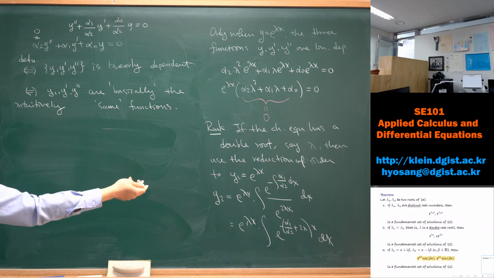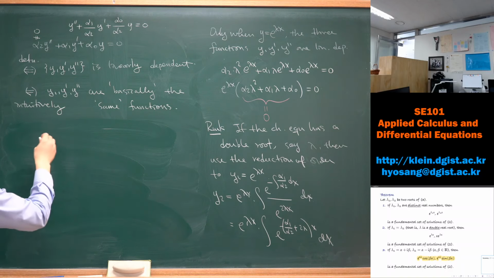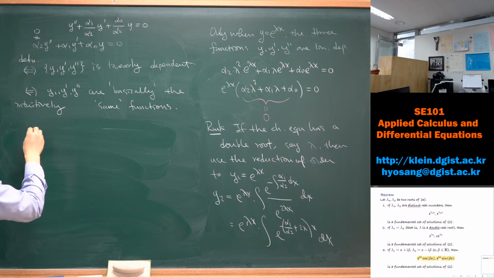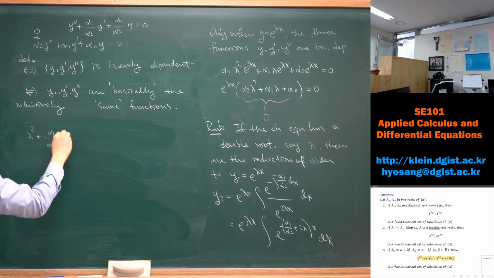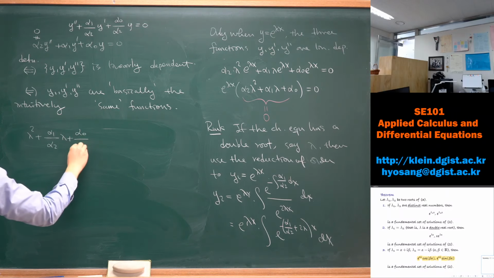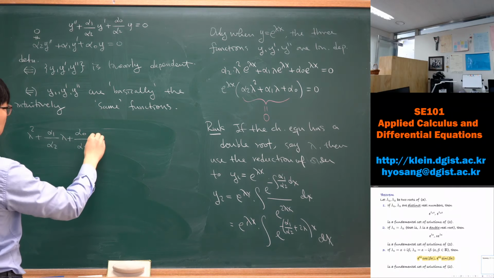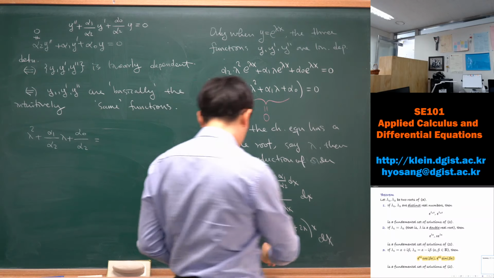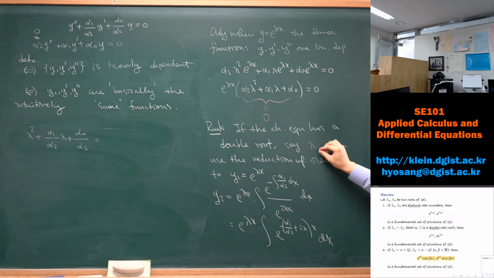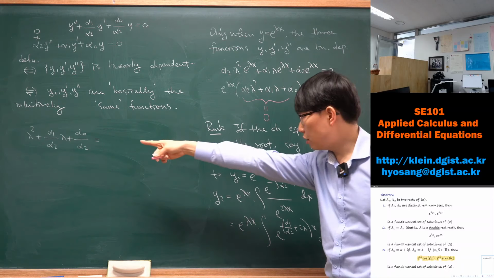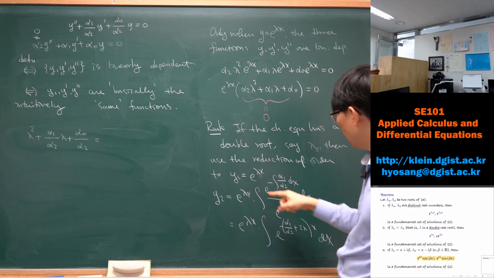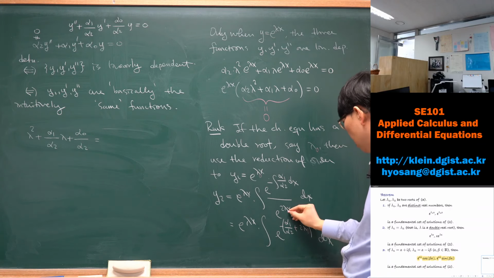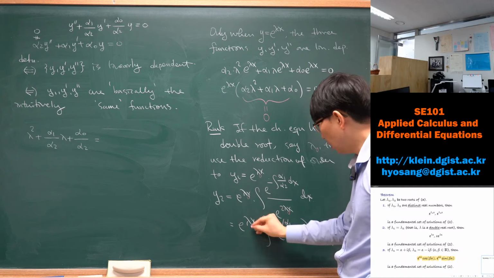We have lambda as a double root, which means that this characteristic equation, lambda squared plus alpha 1 over alpha 2 lambda plus alpha 0 over alpha 2, is basically, well, let me just give a different notation here. Say lambda 0, just to differentiate our variable lambda and the root lambda 0.